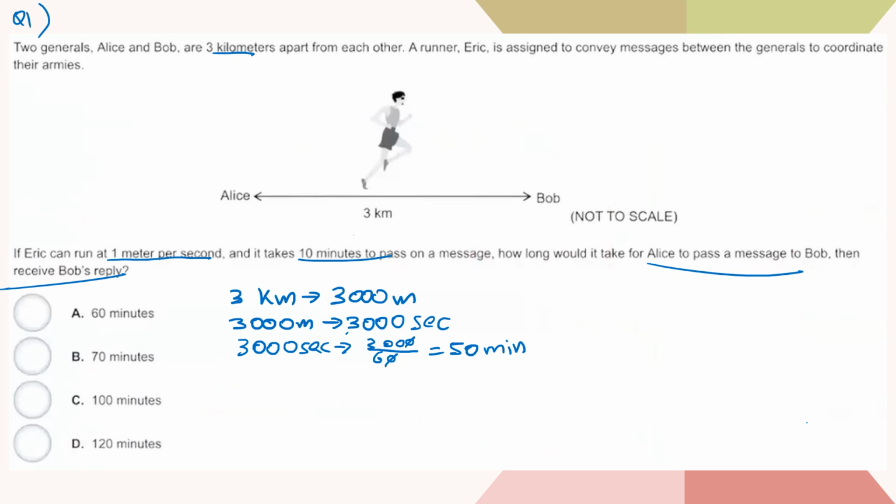So if it takes 50 minutes from Alice to Bob, we have to find out what they're saying here. He's sending the message to Bob, and then Bob is saying a reply to that, but that doesn't take long.